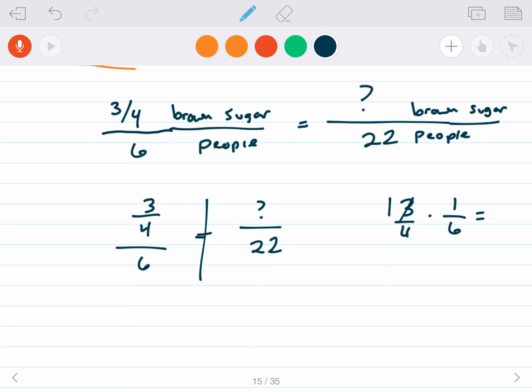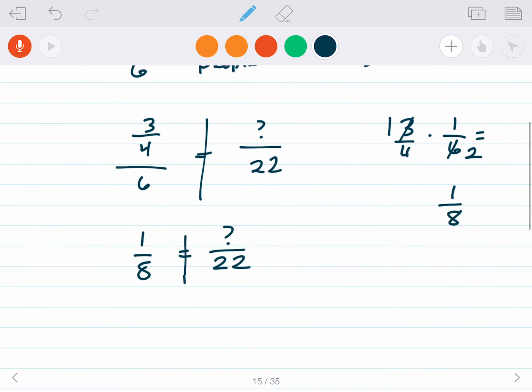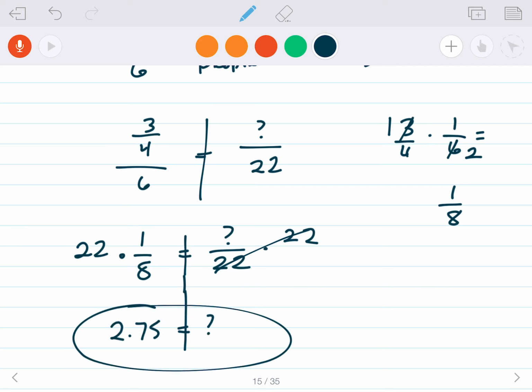So 3 goes into itself once, 3 goes into 6 twice. Multiply straight across to get 1/8. Okay, so we have 1/8 equals something over 22. Now let's go ahead and figure out what that question mark is by multiplying both sides by 22. And I get 22/8, which is 2.75. So we are using 2.75 tablespoons of brown sugar for 22 guests.